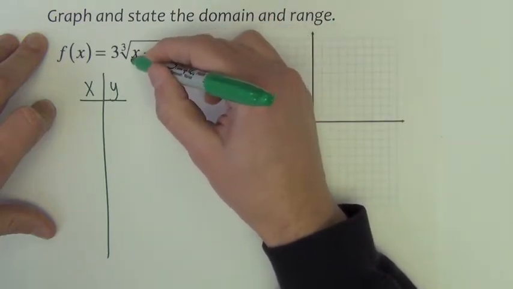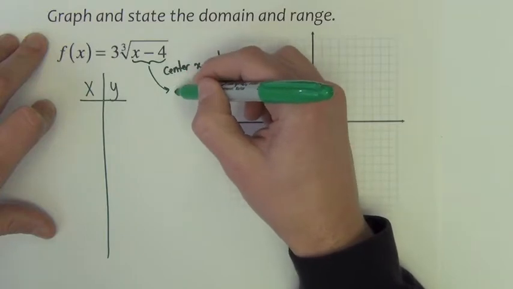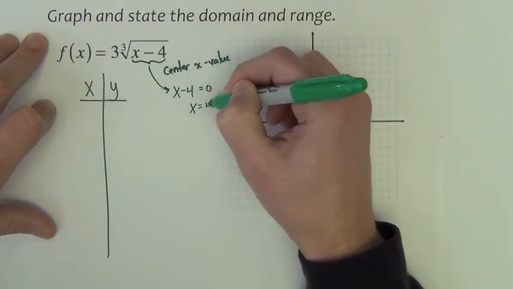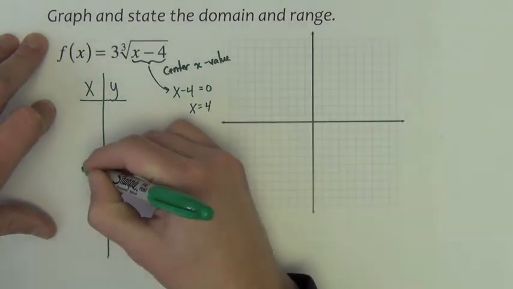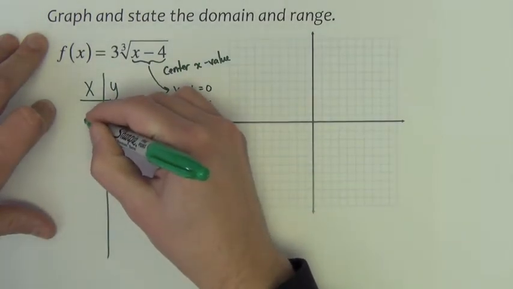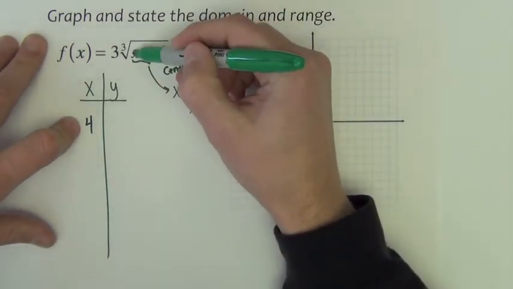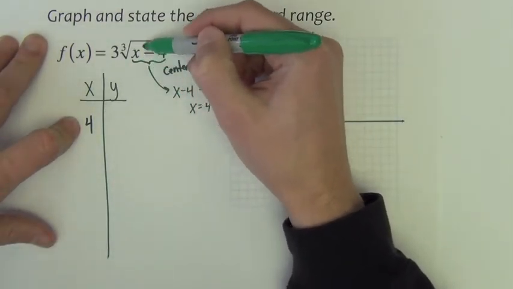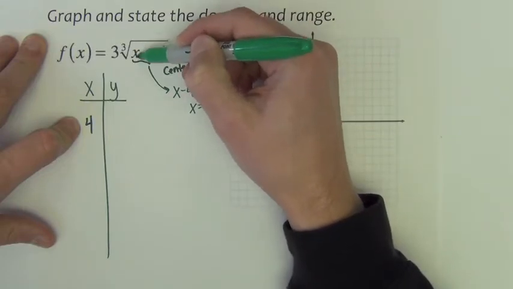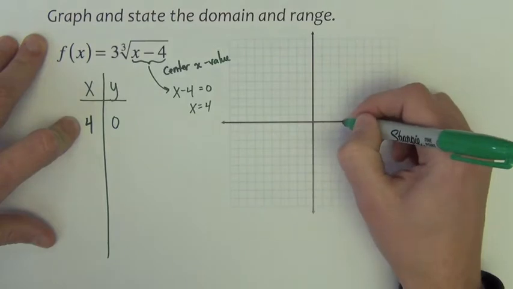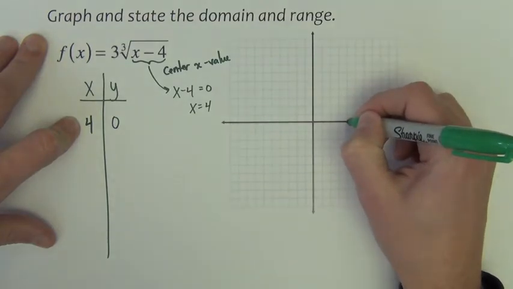But I'm going to take this right here, set it equal to 0. That's 4. I'm going to start right there. 4 in for x makes this be 0. Cube root of 0 is 0. 3 times 0 is 0. So we have the point (4, 0).